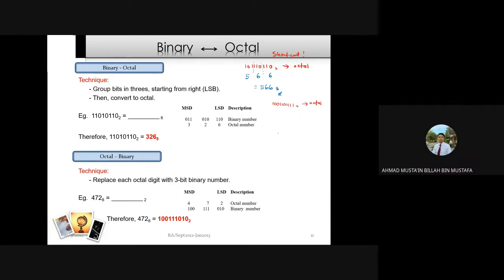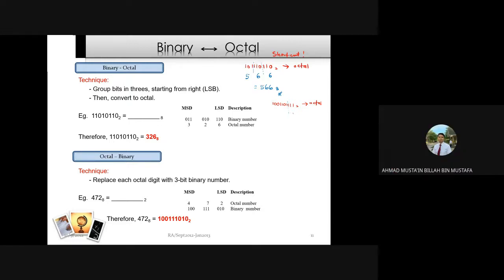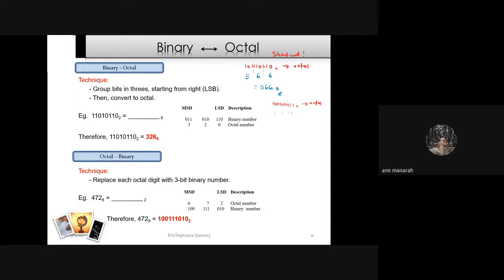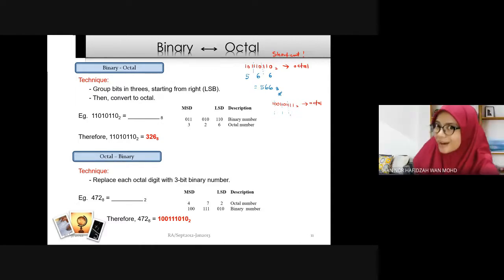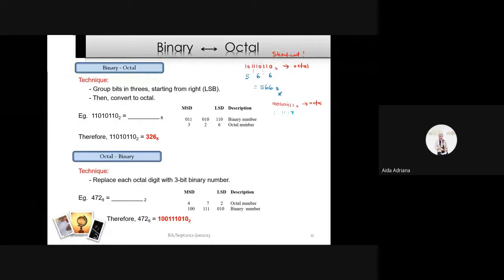First, we need to group into 3. Already done. Next, we need to convert each group. So 111 is equal to 7. 101 is 5.